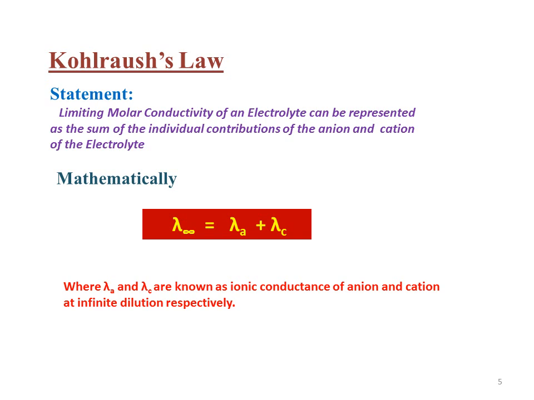Their sum is equal to the limiting molar conductivity of the electrolyte, where lambda A and lambda C are known as the ionic conductance of anion and cation at infinite dilution respectively.